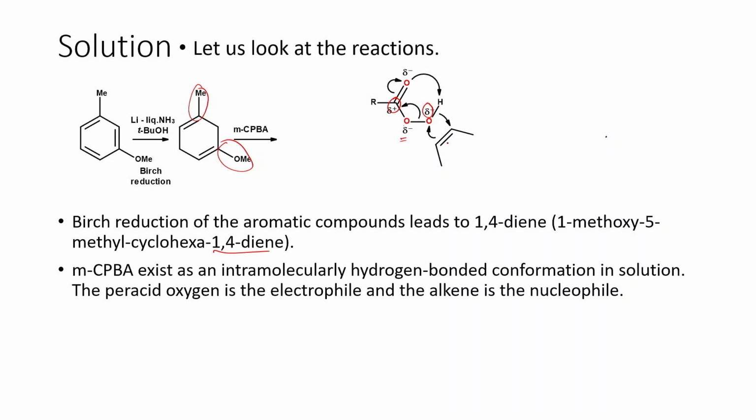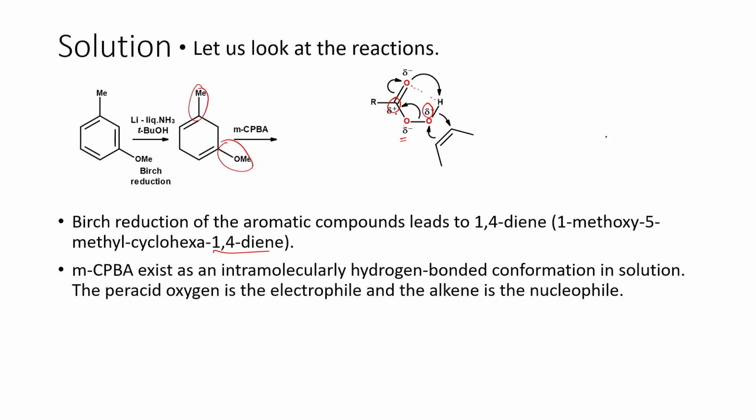Once we have a nucleophilic double bond, in other words an electron rich double bond, we have an electrophilic oxygen. So there is a bonding that occurs here, and in fact during the whole process there is a weak hydrogen bond that also exists between the carboxylic acid's oxygen and the hydrogen atom present in the peroxy acid. This is also a stabilizing factor for peroxy acids in solution.